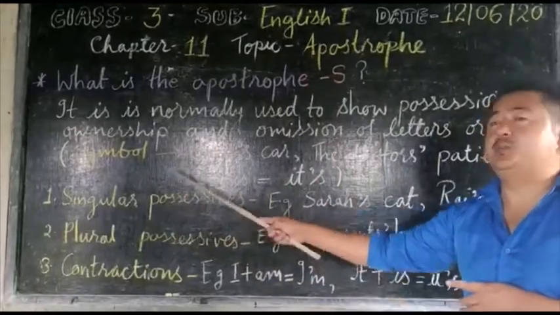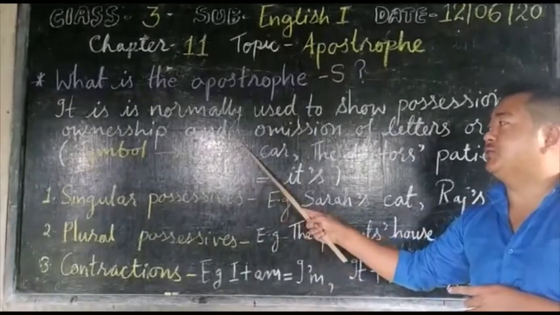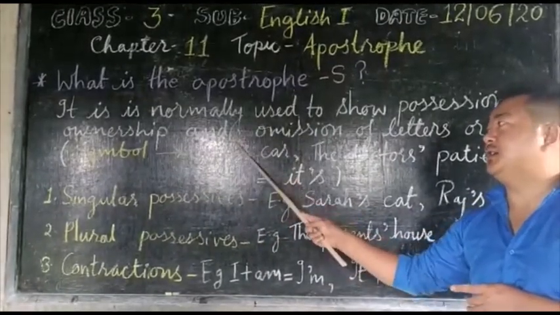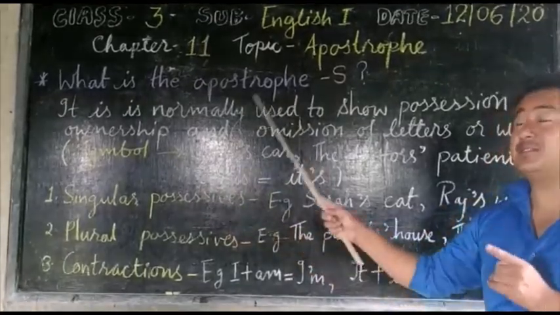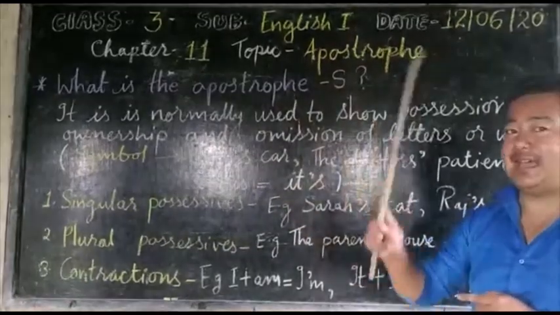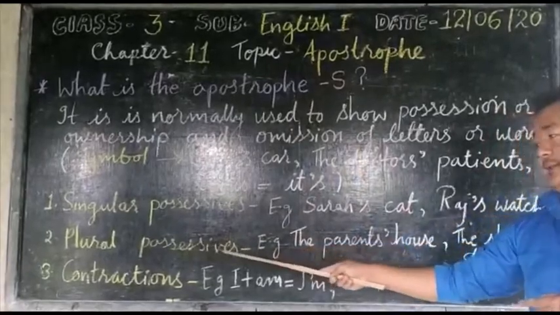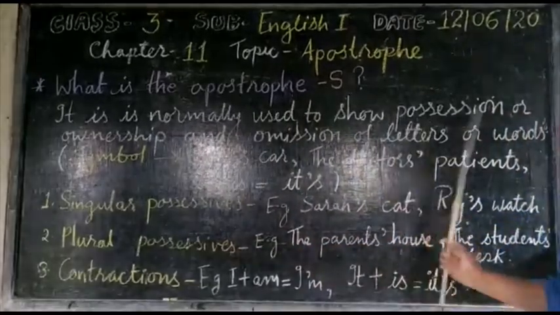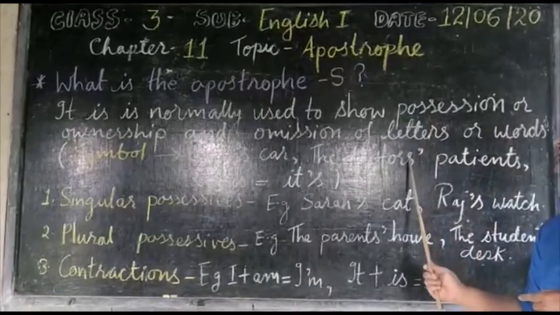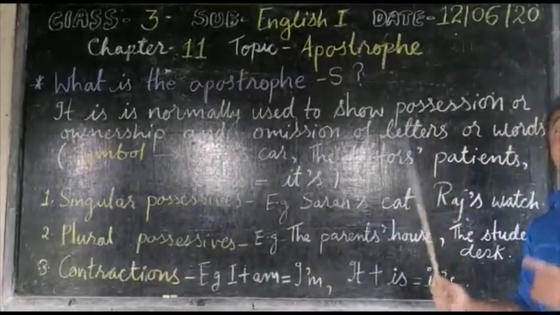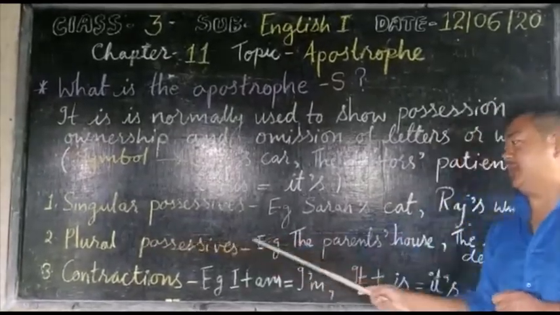In the case of singular possessive, see J-A-Y apostrophe S, we use the apostrophe before S. But in plural possessives, we use the apostrophe after the S.